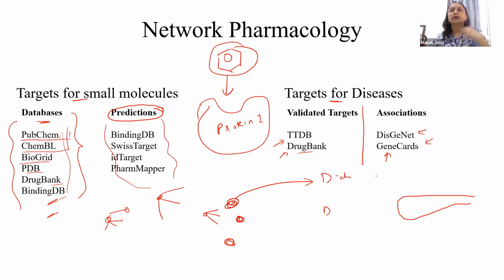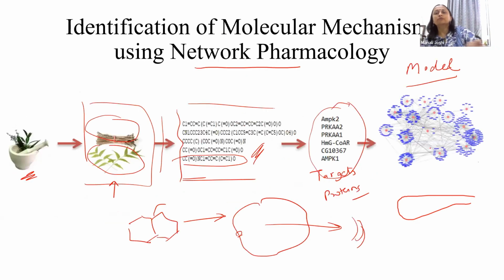Then it becomes a slightly more hypothetical network. So when one builds a network pharmacology model and wants to propose a molecular mechanism, it's always best to look at data that is validated experimentally. Unless there is just nothing, then it has to be put across that this is a prediction.